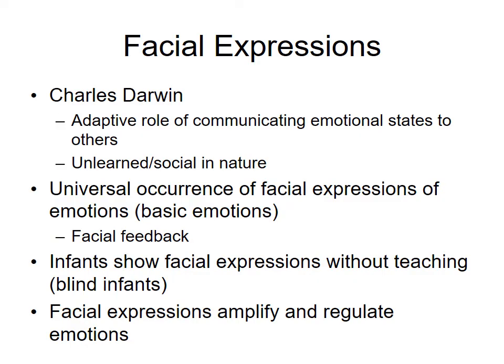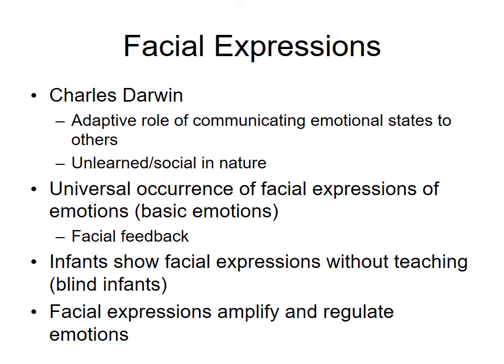So looking at facial expressions, they helped us adapt by allowing us to communicate our internal states. Universal occurrence of facial expressions and emotions, these basic emotions, and facial feedback. So again, remember the facial feedback theory is that we can adjust our facial expression, but again, we read faces, they kind of tell us what's going on. Infants show facial expressions without teaching. So we know this from blind infants.